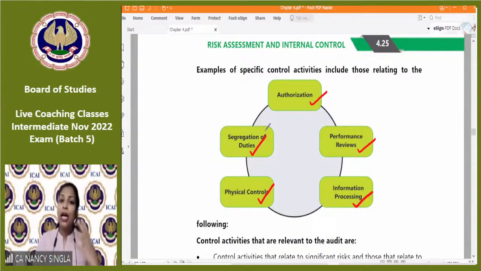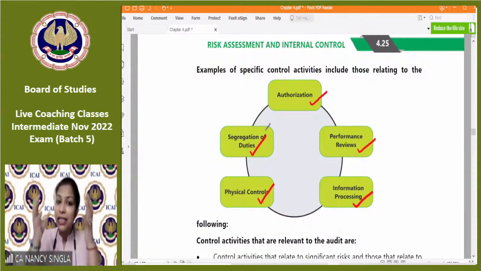Okay? So now, see, these policies and procedures are important so as to ensure that whatever direction management has given with respect to internal control is followed. Now, when we are understanding the components of internal control, these control activities become a very important component of internal control.